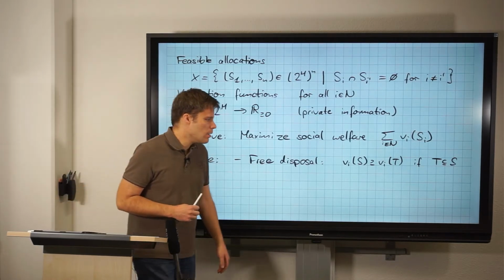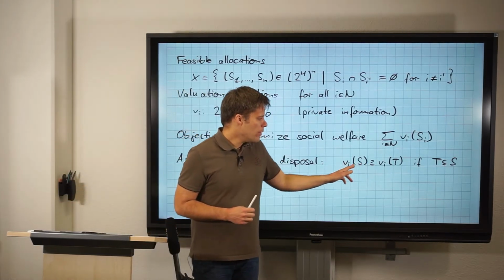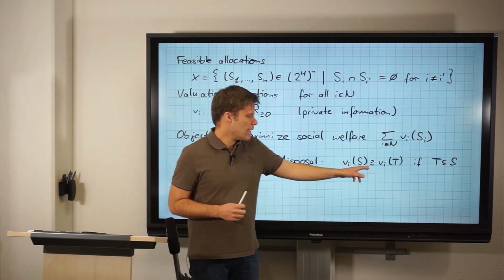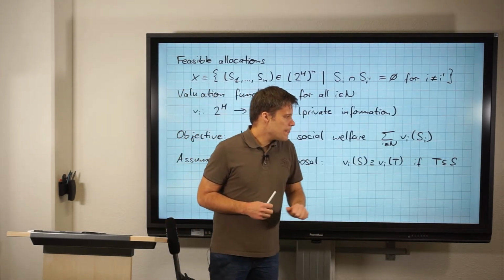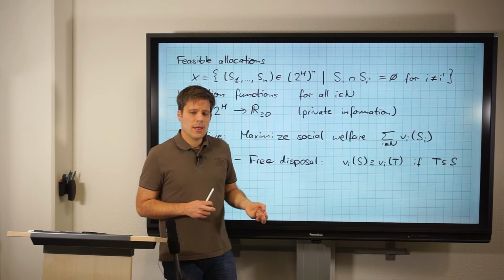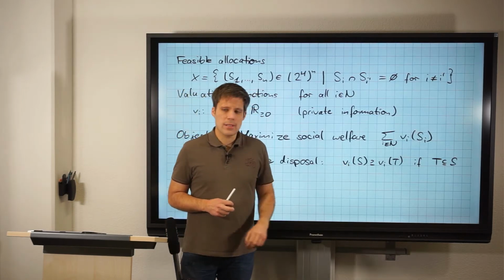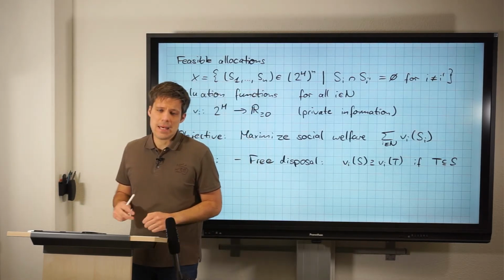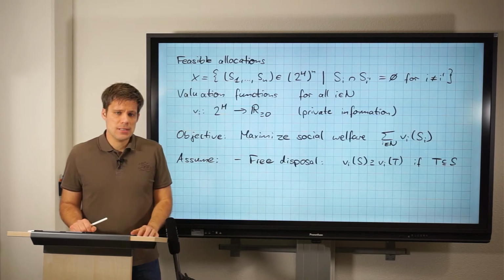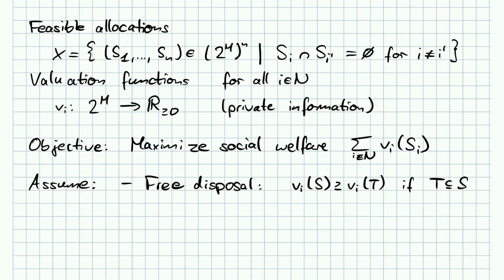If T is a subset of S, then the value I have for the set S will be at least as much as my value for the set T. You could also call this simply monotonicity.